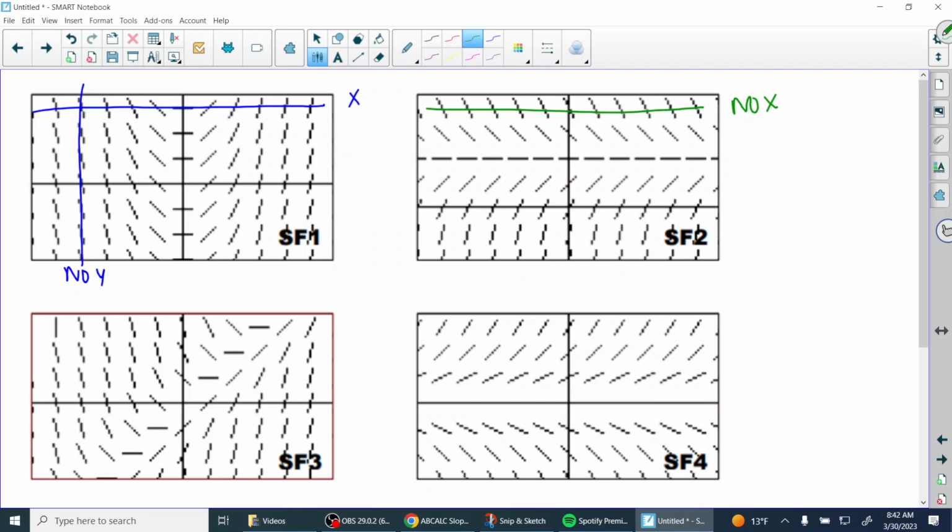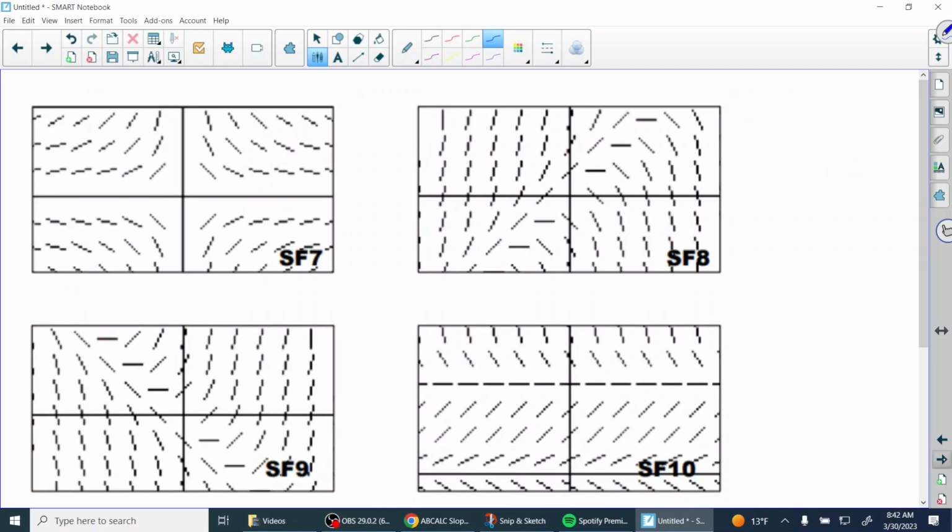Let me make sure I'm not lying to you. What are your Y values right there? 2. So when Y equals 2, what is your slope? 0. So that's what I would do: I would substitute 2 in for my Y's, and if I get 0 out, then I know it's that one.